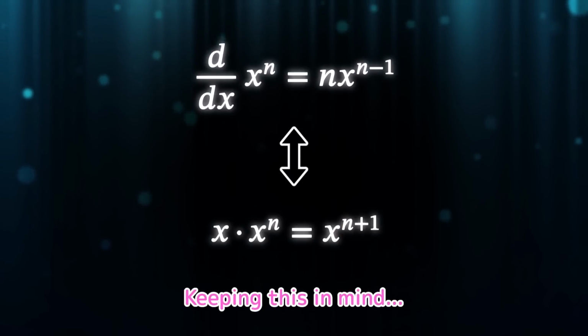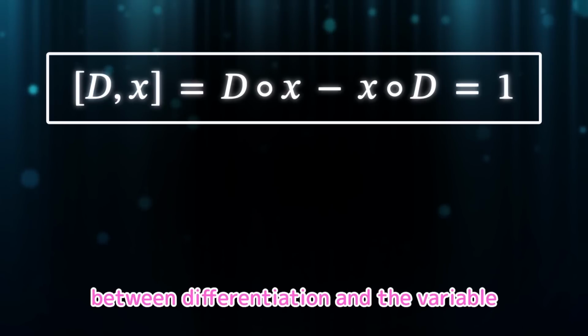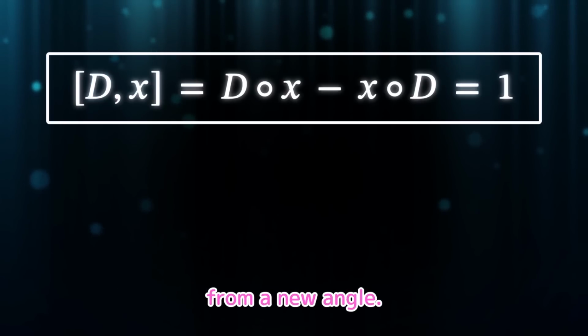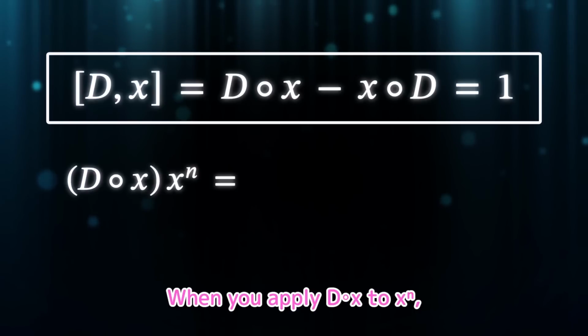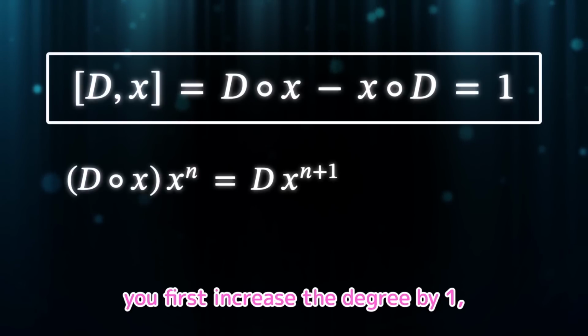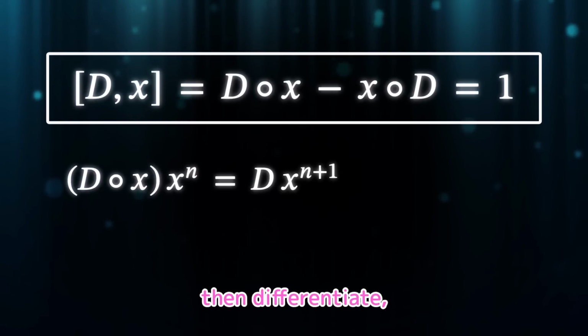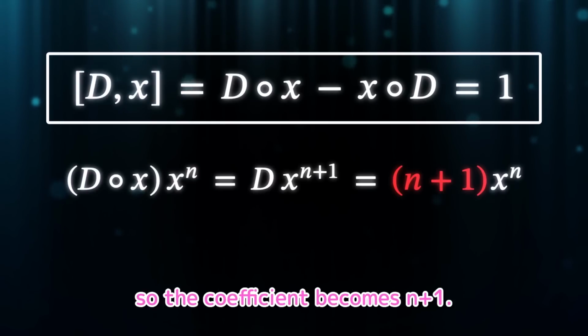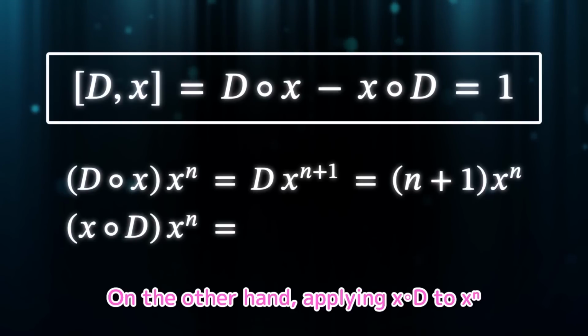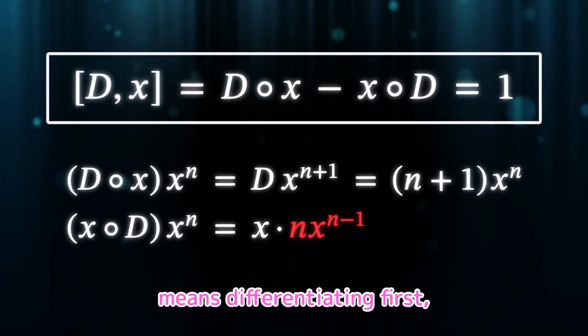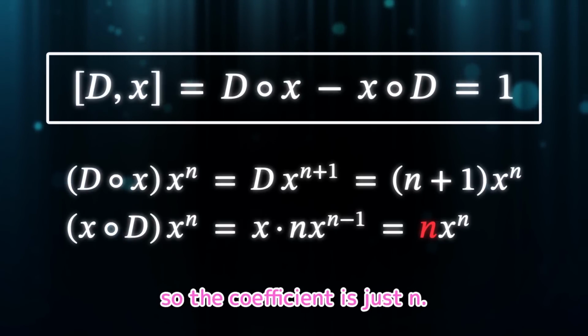Keeping this in mind, we can look at the relationship between differentiation and the variable from a new angle. When you apply d of x to the n, you first increase the degree by 1, then differentiate, so the coefficient becomes n plus 1. On the other hand, applying x of d to x to the n means differentiating first, so the coefficient is just n.